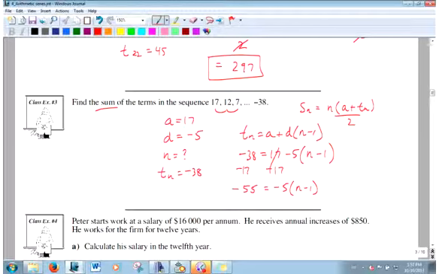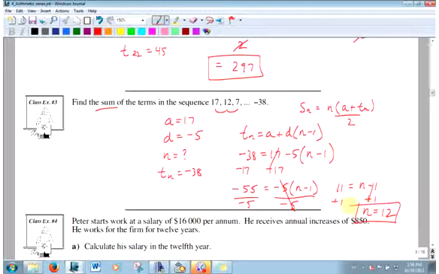You can distribute that negative 5, or just get rid of it. Yeah, divide both sides by negative 5. So 11 is n minus 1. What take away 1 is 11? 12. N is 12.